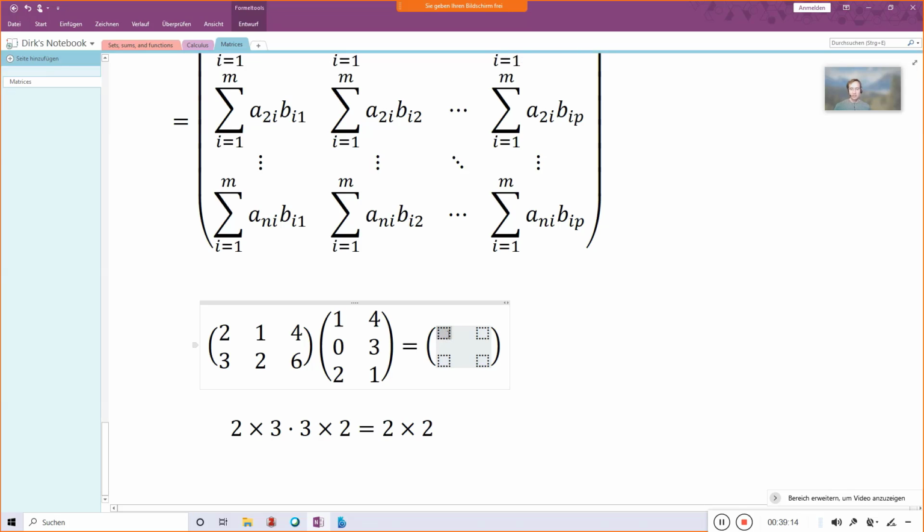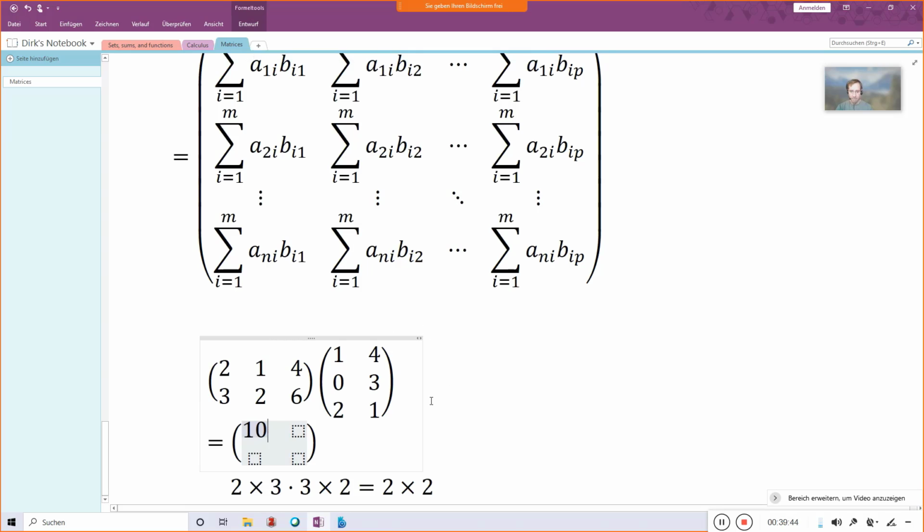What's then the entry here in the upper left corner? And why? Any guesses? It's 8. Is it 8? 10, sorry, 10. My mistake. Yeah. So why is it 10?